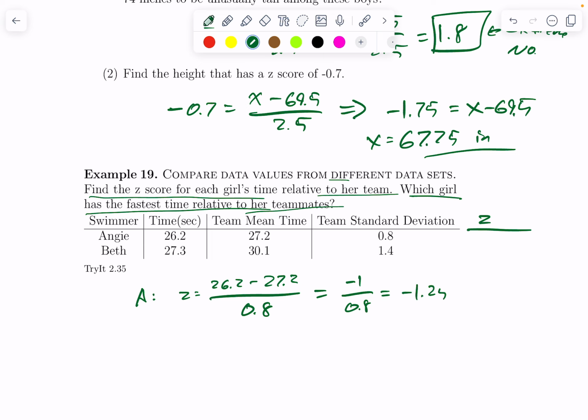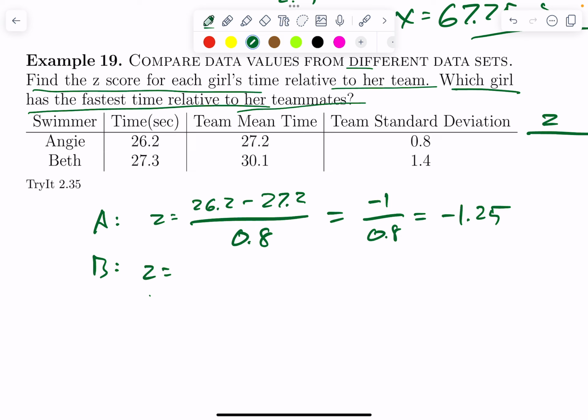And then the other one, Beth, is 27.3 minus the mean over 1.4, the standard deviation, and that equals negative 2.